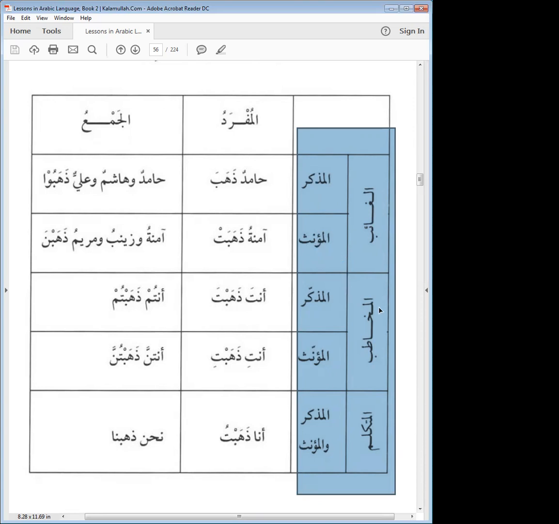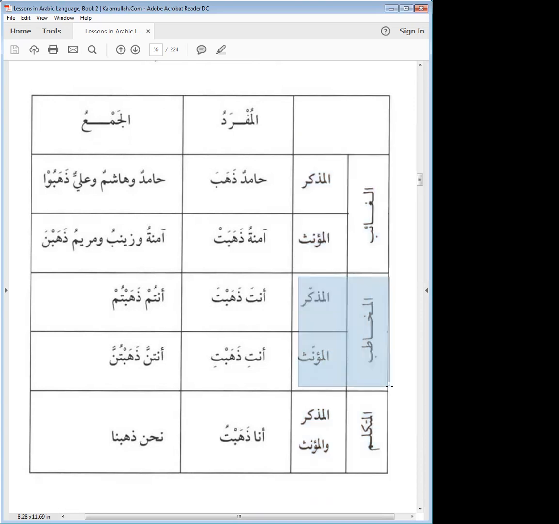Then we have al-mukhatab, the second person. Mukhatab literally means the person that is addressed or spoken to. Under this you again have al-mudhakkar and al-mu'annath, masculine and feminine.